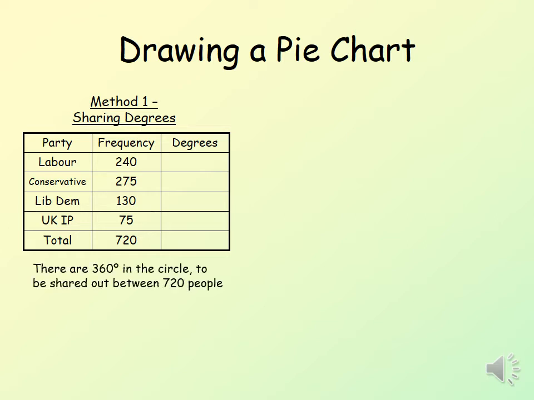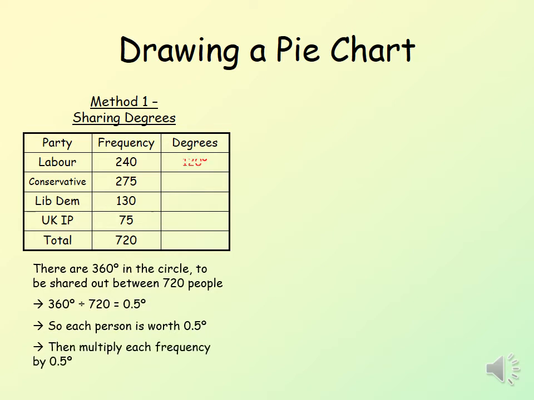So we merely divide 360 by 720, and that is 0.5. We must multiply the frequencies by that number, 0.5. Okay, so multiplying 240 by 0.5 is 120.